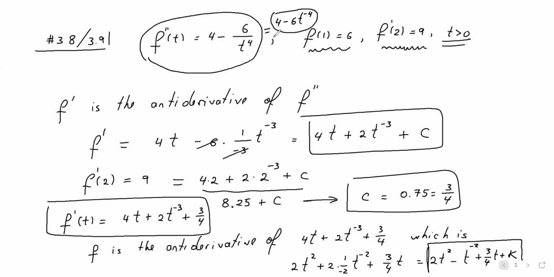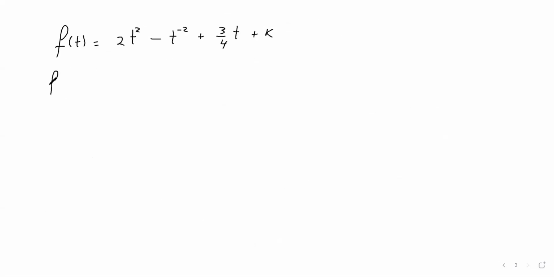And what we know about this constant k is that, well, we know that f of 1 is 6. And again, that falls nicely into place for us, because if f of 1 is 6, well, we can just substitute 1 here and solve for k. So that's going to be 2 minus 1 plus 3/4 times 1, right, plus k.